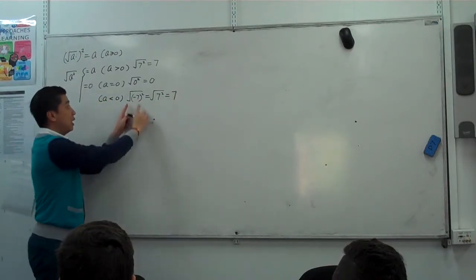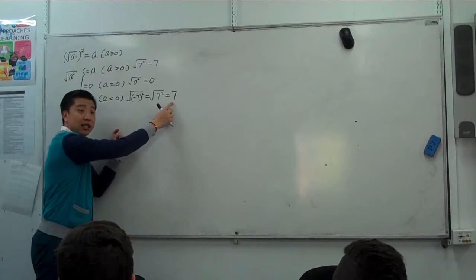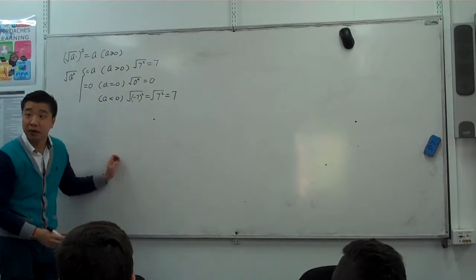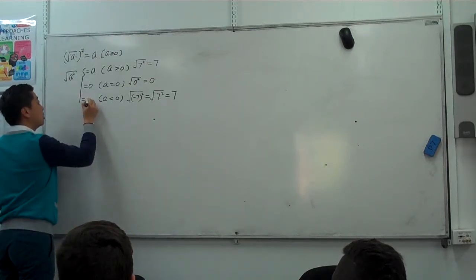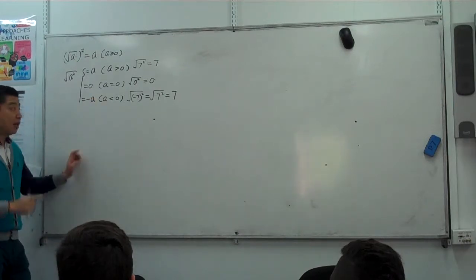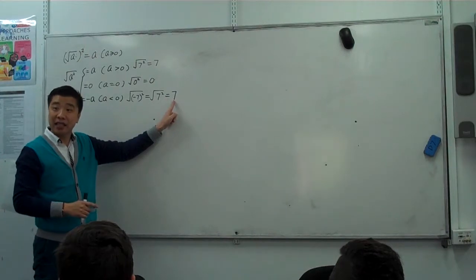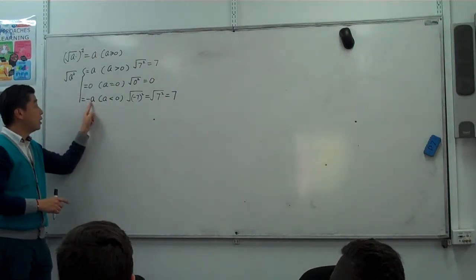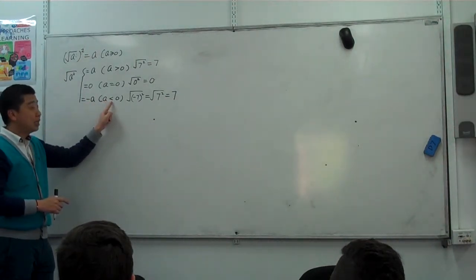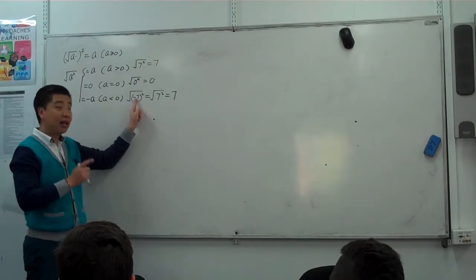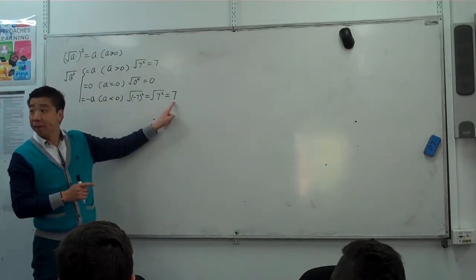Which means you can see this is negative 7. This is 7. They are opposite. Is that correct? So we say equals negative a. I say that again. Negative a does not mean your final answer is a negative number. It means the opposite of a. Now a is a negative. So the opposite is a positive. Okay? Alright.